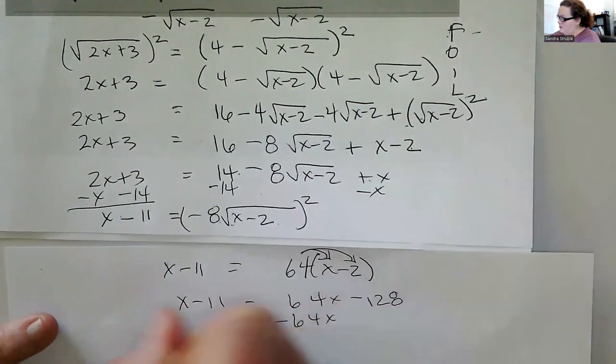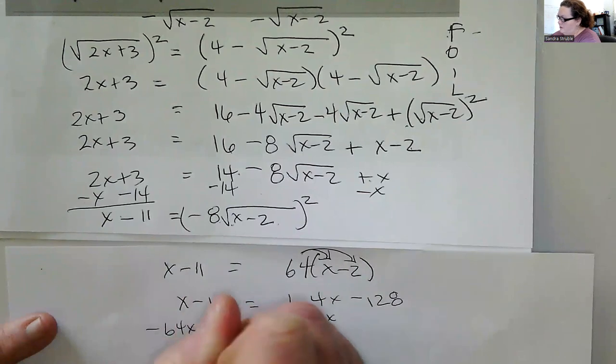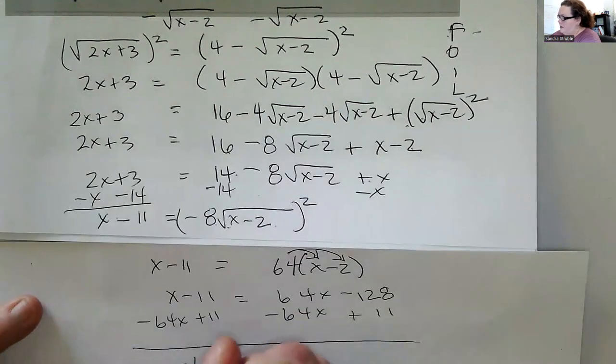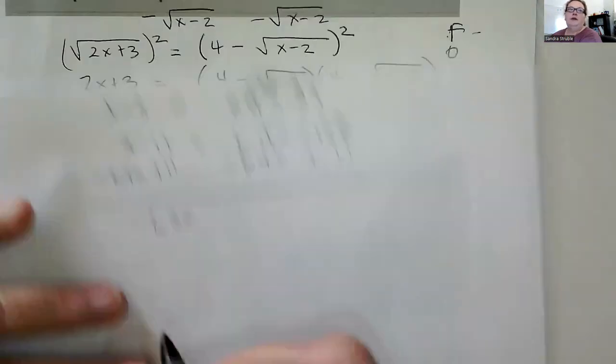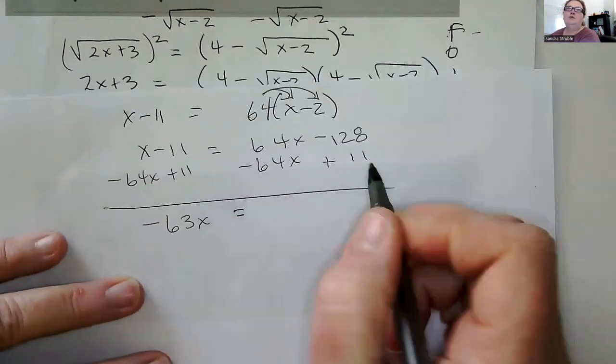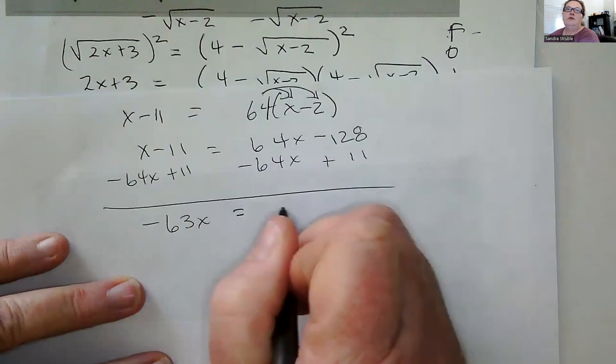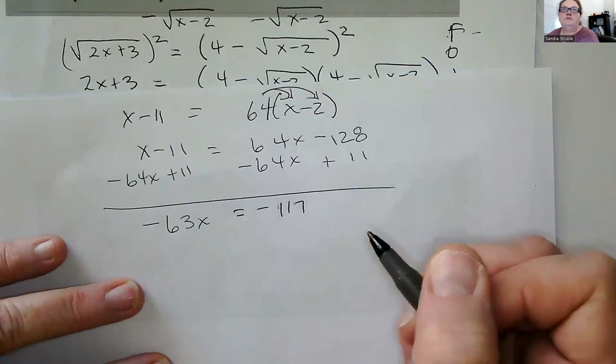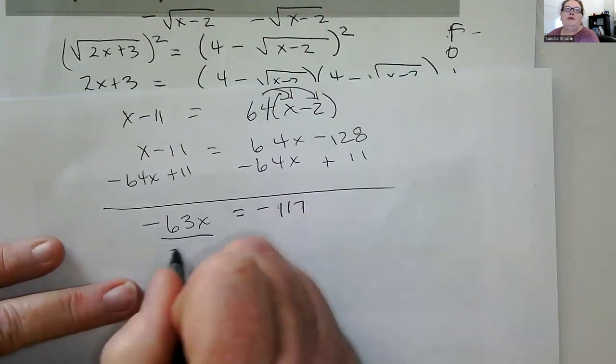Minus 64x, minus 64x, plus 11, plus 11. So I get negative 63x. Oof, losing y'all. Negative 63x is equal to, well, that's going to be a 7, so 117. Yeah. Divide both sides by negative 63.